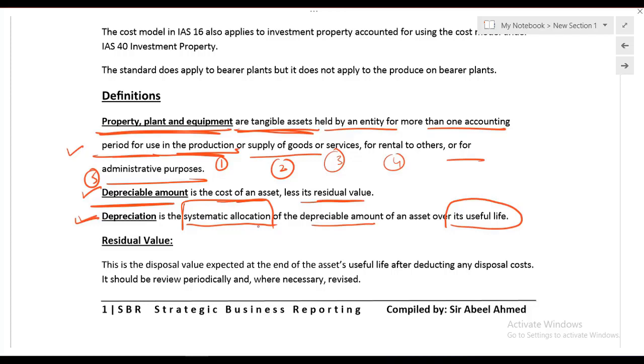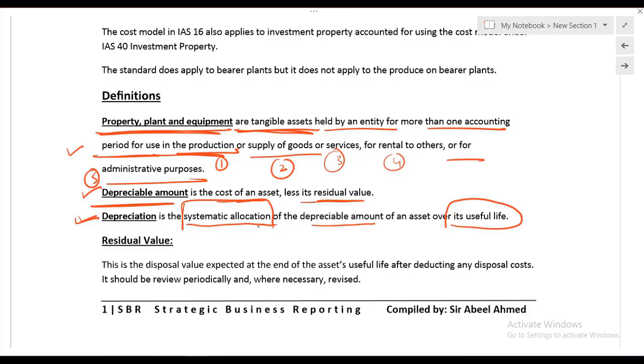For example, if your organization says we are going to get the same benefit every year, then obviously we are going to follow the straight line method for depreciation purposes. But for example, today my organization has bought, or maybe we have built a property, plant and equipment, and the company is deciding that initially we'll be getting more benefit and later on we are going to get reduced benefit.